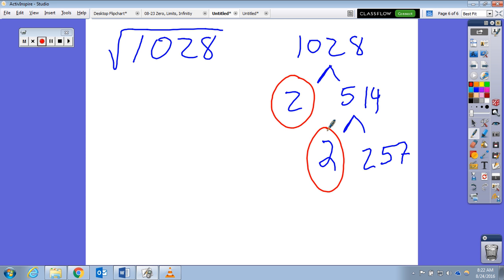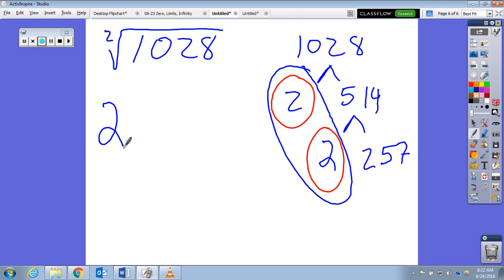Because for the square root, the index is understood to be 2, even if it's not written, we're going to take out pairs of numbers. So here is a pair of 2's, so we can take that out.